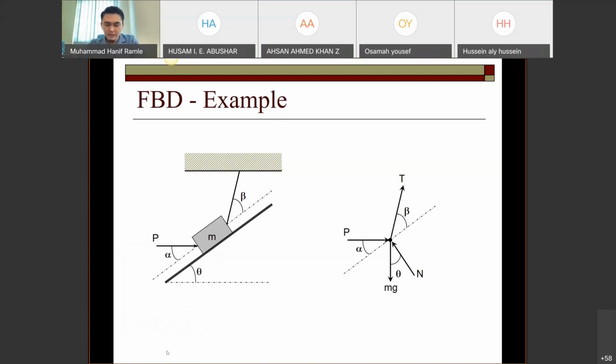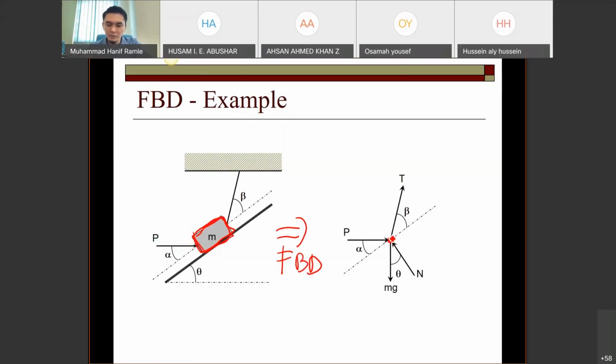All right, I will go quickly because you have learned this with Dr. Aisha. This is another example with one single rigid body M with mass. You have to draw the FBD of the particle, so this object will be represented as a particle like this.